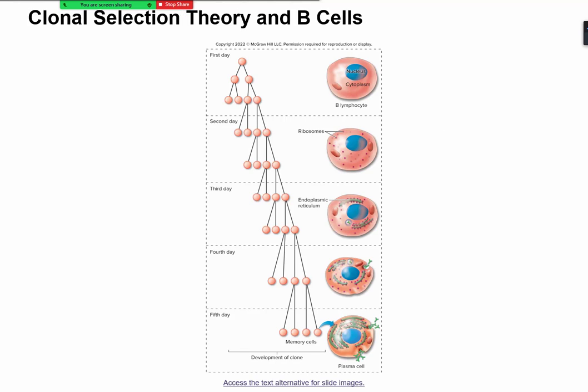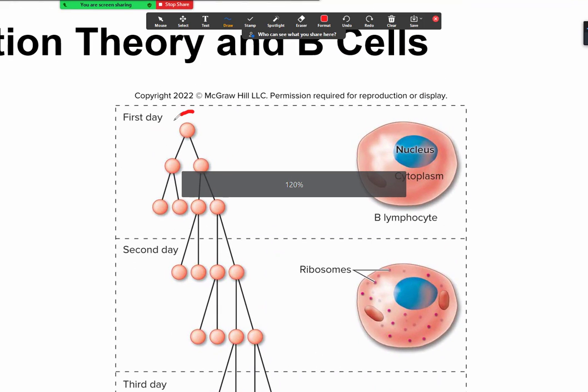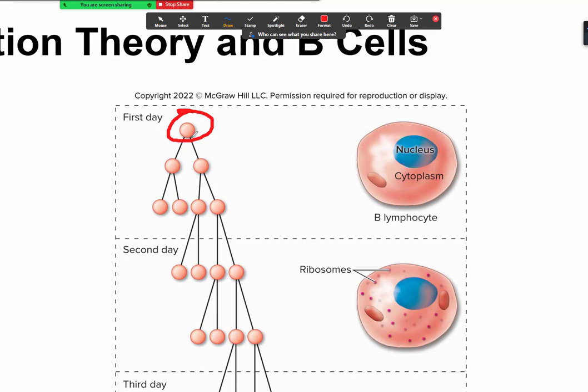So this is just a picture to show you this, and I want you to think about it. You start off on the first day. Day one, let's say you get infected by a virus. You have this one little B cell that divides to two. Then these B cells are selected against each other, and you can see they divide another round. But out of these four cells, these two on the far left are non-useful because they don't make the right antibody, so they get destroyed.